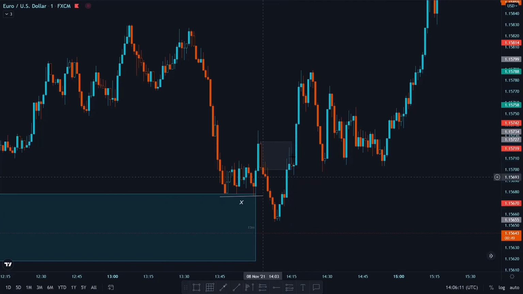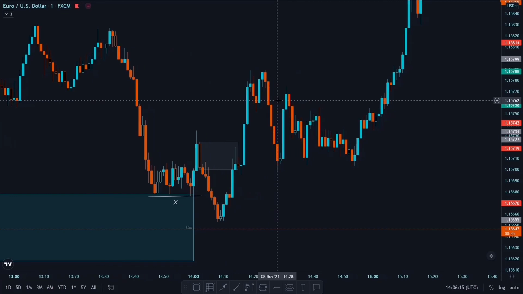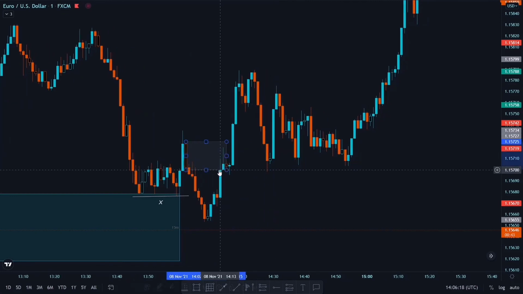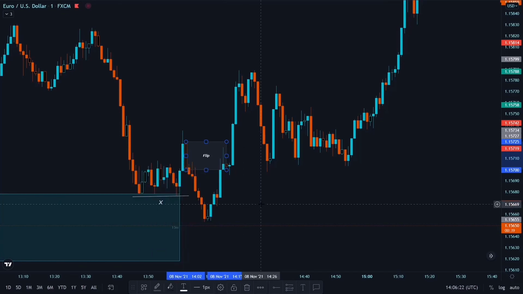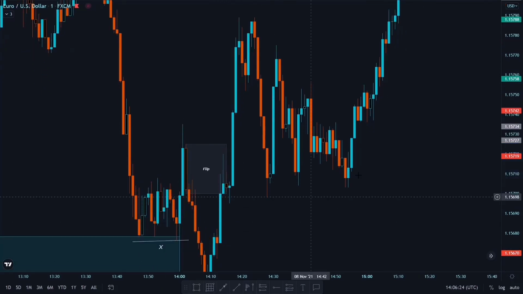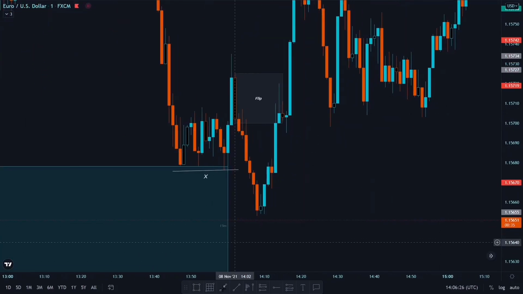We tap into the supply zone, we get a reaction, we fail the reaction, so this becomes our flip, and took another buy here.